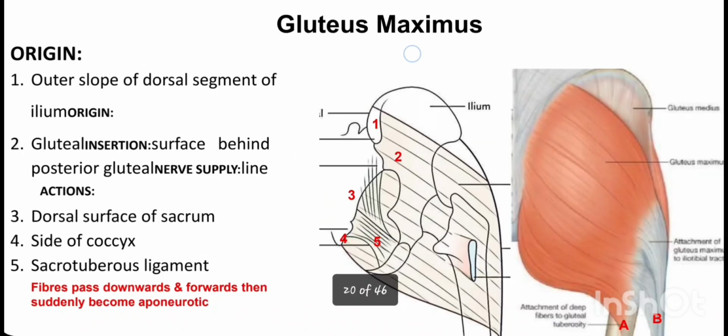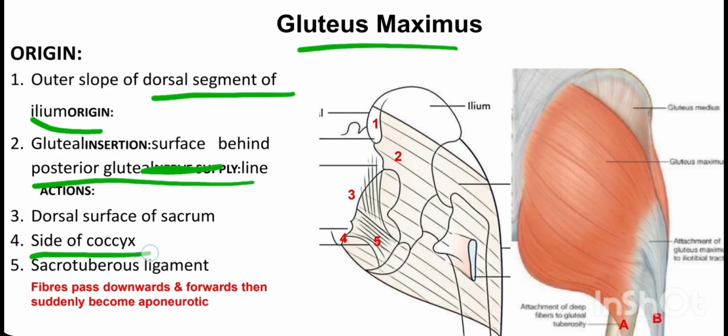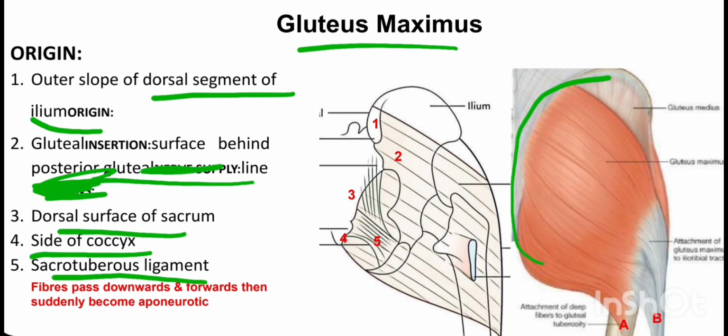The gluteus maximus muscle originates from the dorsal segment of the ilium, the posterior gluteal line, the side of the coccyx, the sacrotuberous ligament and the dorsal surface of the sacrum. So it originates from all these areas.